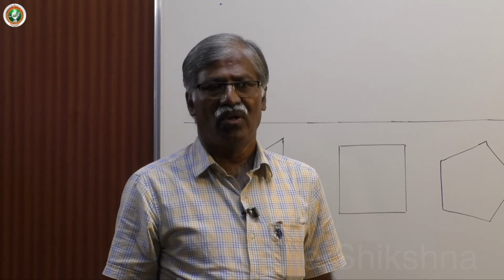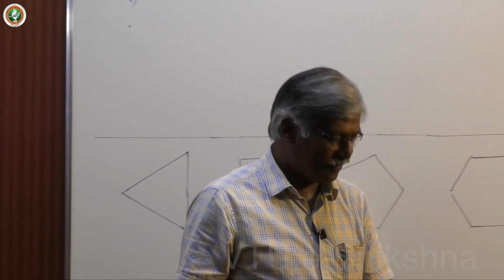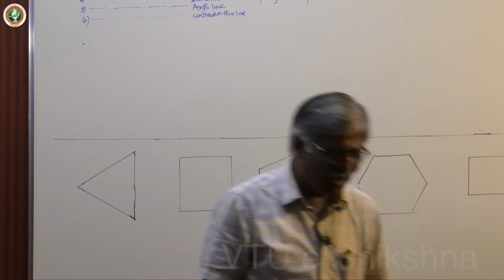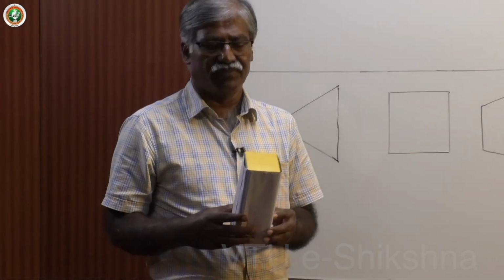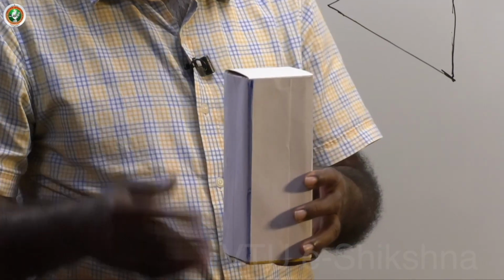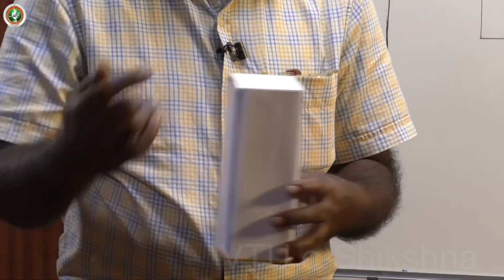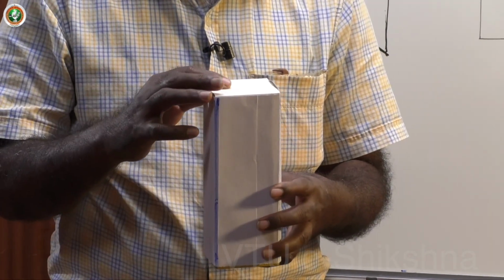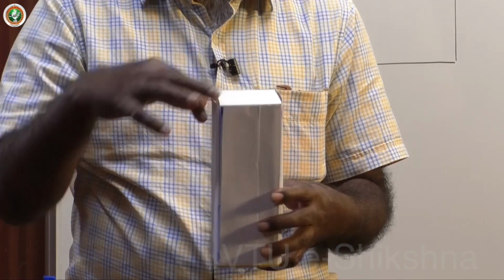So now let us consider solids. Say we have a simple solid, say a square prism. I have two surfaces, top and bottom, and a lateral surface. This is called the top face, this one is the base, and this is the lateral surface.